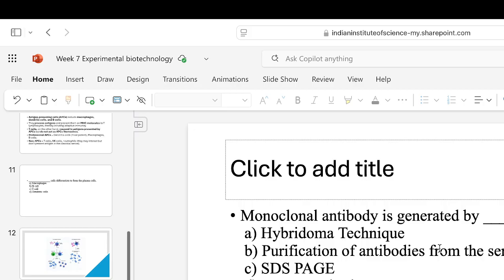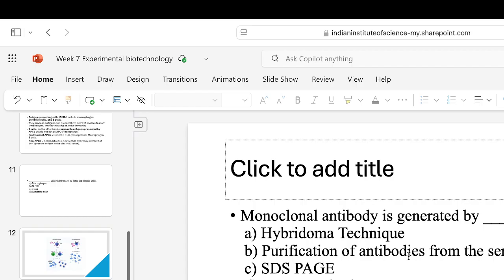Do we agree on that? Yes, sir. So in your serum, will you have only one antibody? No, there will be multiple antibodies. Yes, good. That's the reason we cannot extract monoclonal antibodies from serum, because that will have antibodies towards multiple antigens.